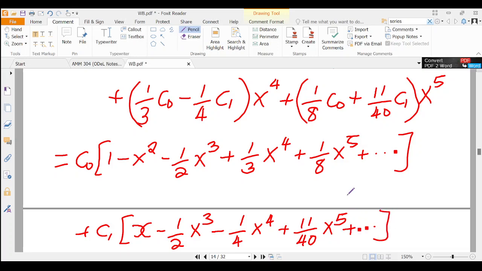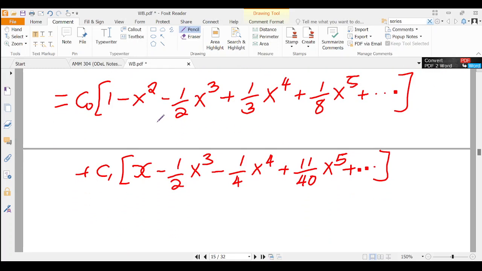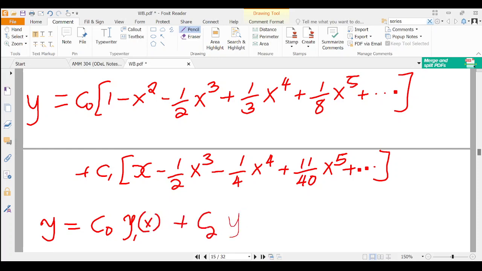So this one is now the general solution. Y is equal to this, where C0 and C1 are arbitrary constants of integration. See that this solution can be expressed as C0 y1, a function of x, plus C1 y2, a function of x.